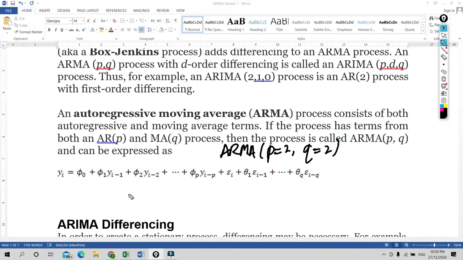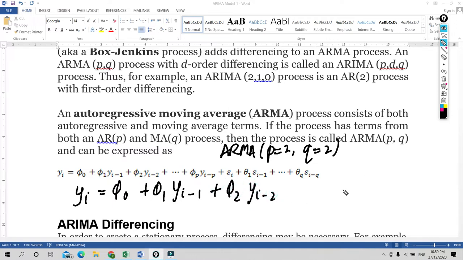So y_i is equal to phi 0 plus phi 1 y_{i-1} plus phi 2 y_{i-2}, then plus the MA(2) terms, theta 1 epsilon_{i-1} plus theta 2 epsilon_{i-2}.